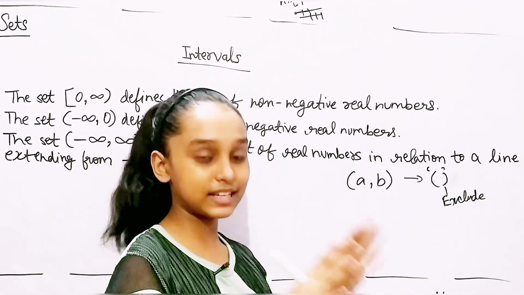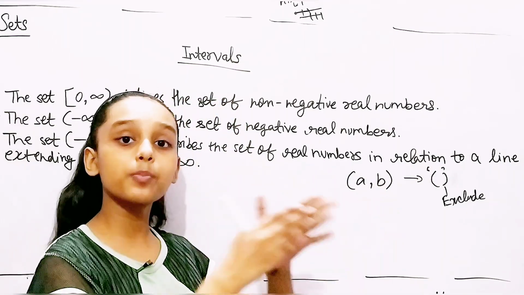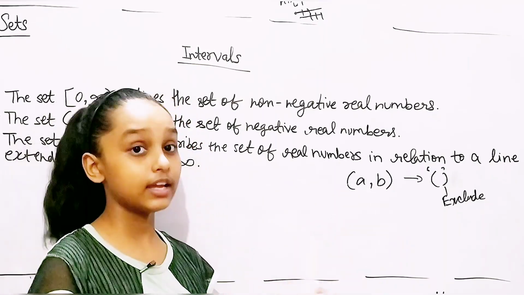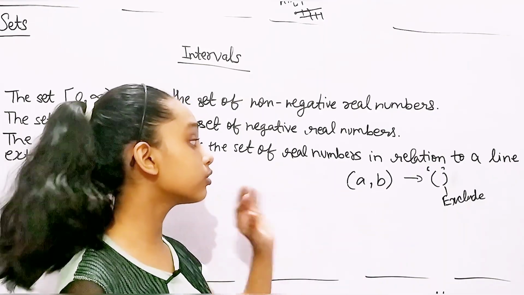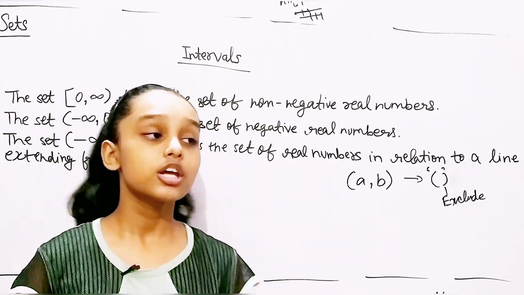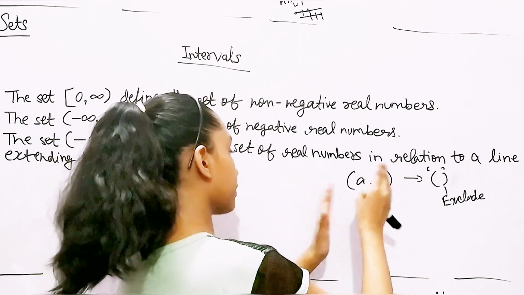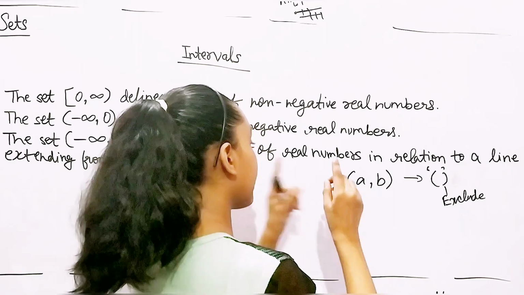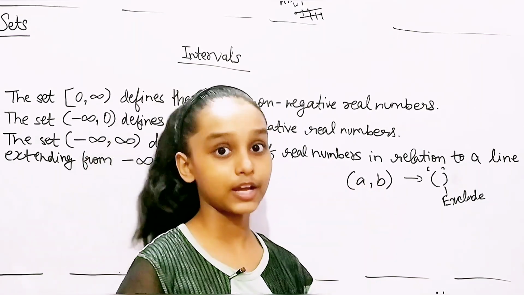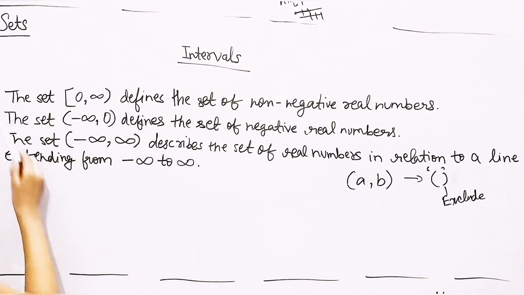All the points between A and B belong to the open interval A, B, but A and B themselves do not belong to this interval. Got it? Okay, so let's now move on to these points.